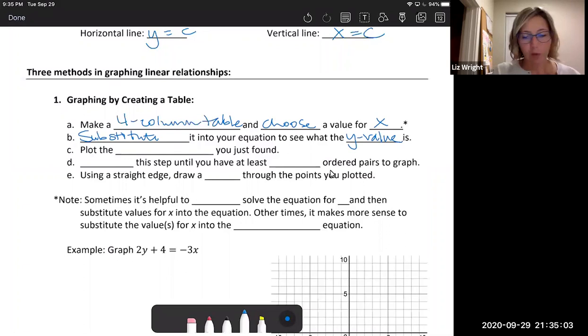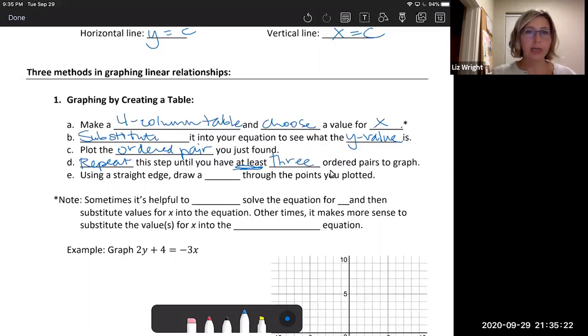Next, we're going to plot the ordered pair that we just found. And then we're going to repeat this step until we have at least 3 ordered pairs to graph.